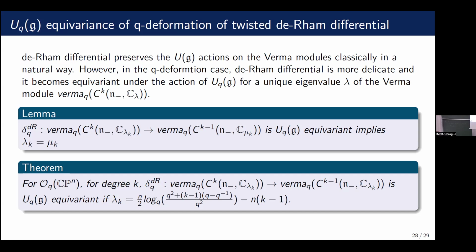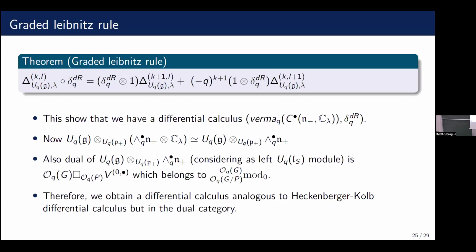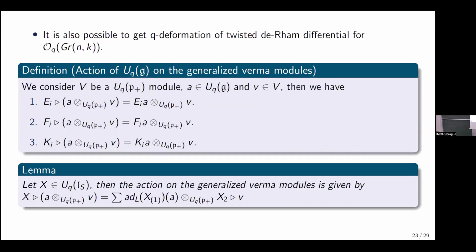At least in this setting, this actually depends on this particular eigenvalue. But it is now an eigenvalue for the center. Could you please remind how we define that on the C? Here is this action of UQG, for example.